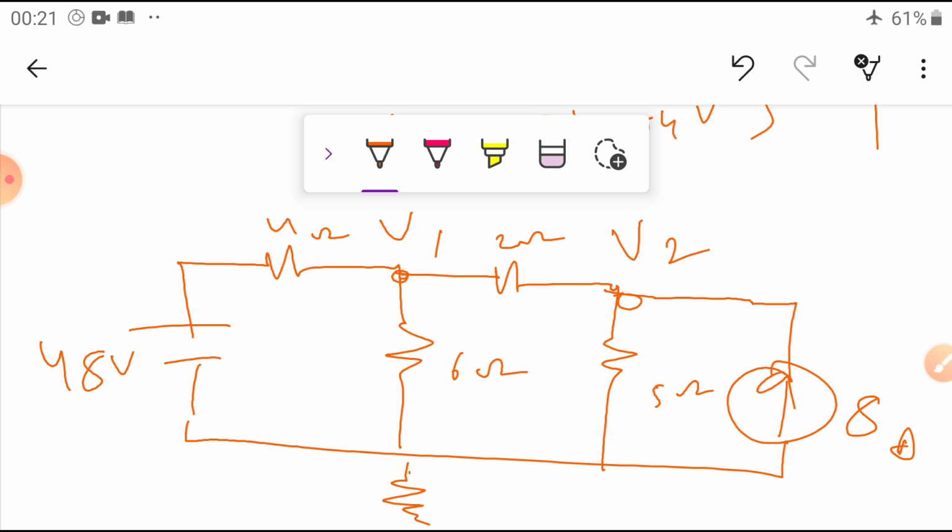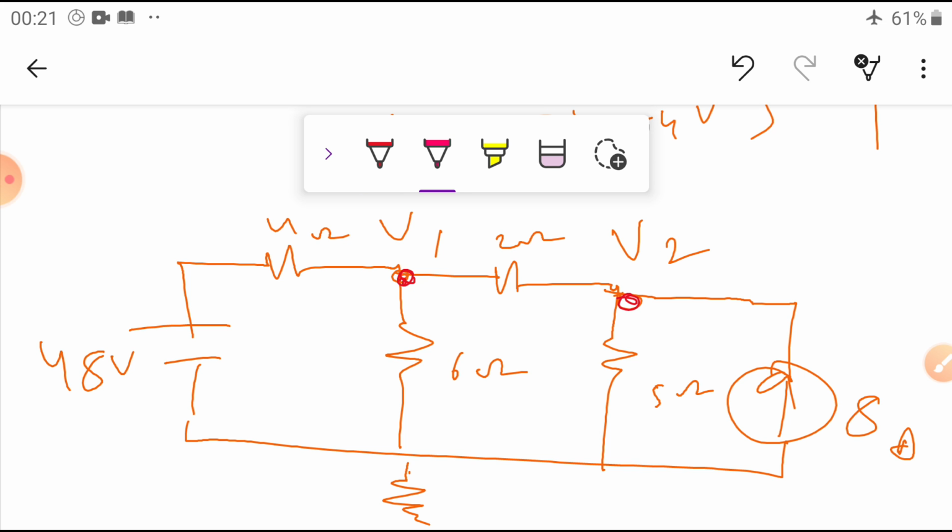Now, simply apply our nodal analysis KCL at V1 and V2. Here the only unknowns are V1 and V2. If you know V1 and V2, we can calculate the current in any branch. For that purpose, simply apply KCL, the sum of the currents leaving from that node.